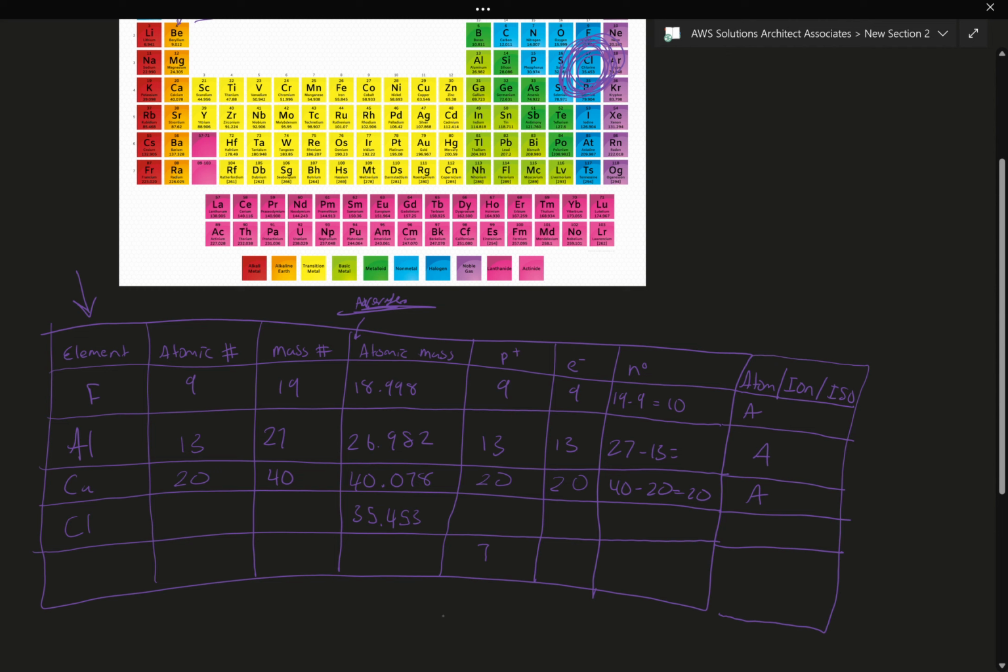Last question down here asks for what has 7 protons. And this should be very simple. You know that whatever has 7 protons also has 7 electrons. And it also has an atomic number of 7. So what element is that? Well, it is nitrogen, all right? Nitrogen has atomic number of 7.